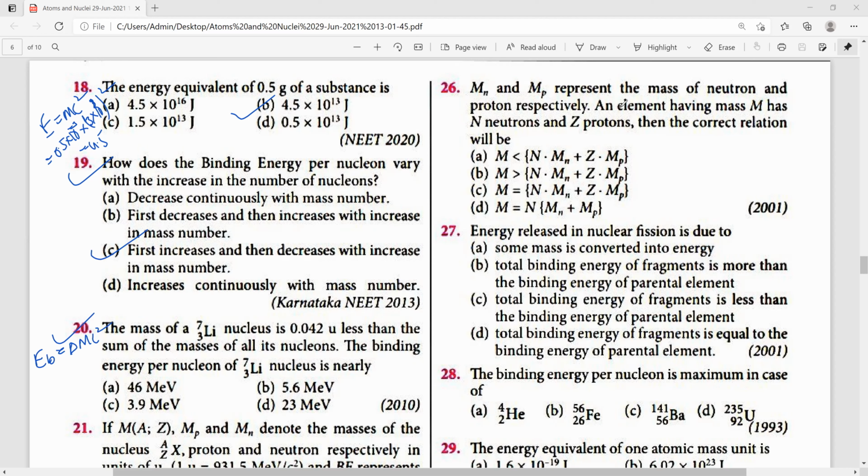So this is binding energy. After substituting the value, we are getting 39.1 mega electron volt. And binding energy per nucleon, EBN, is calculated by EB divided by A. So we are getting 39.1 divided by 7, that is almost equal to 5.6. Therefore, this one is the right answer.